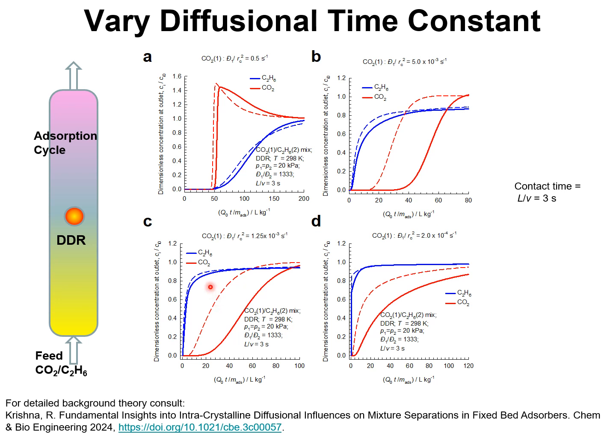Indeed, the productivity of purified C2H6 is significantly lower in the LDF approximation than anticipated by the Maxwell-Stefan diffusional formulation.